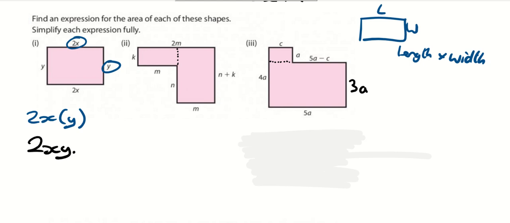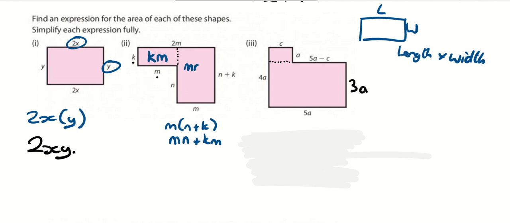Very simple. For this next one, we're going to have to split it up a little. We can see that this bit will be k multiplied by m, so it will become km. And you're left here with m times n plus k, so that becomes mn plus km.